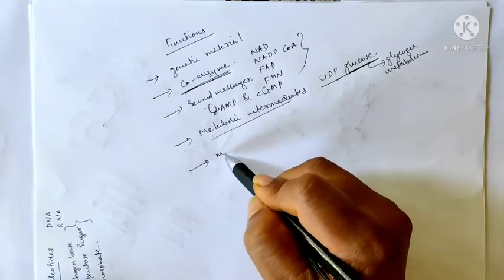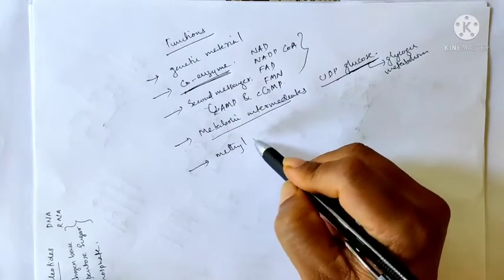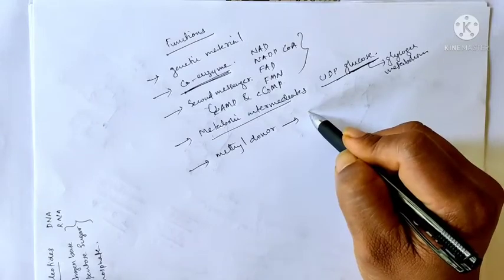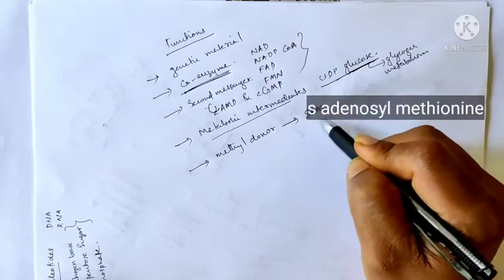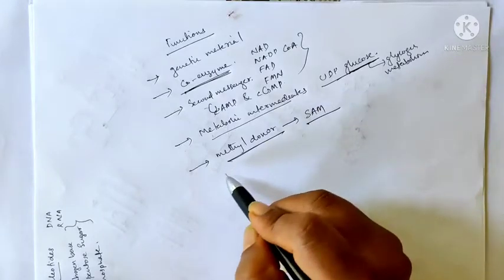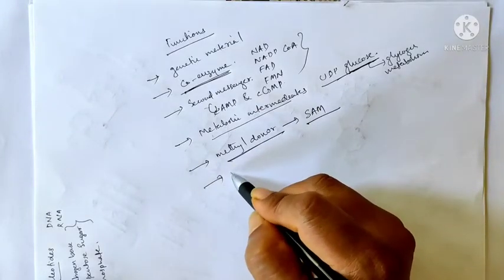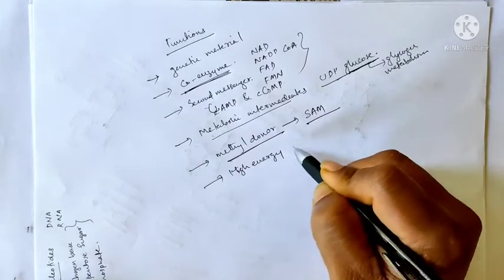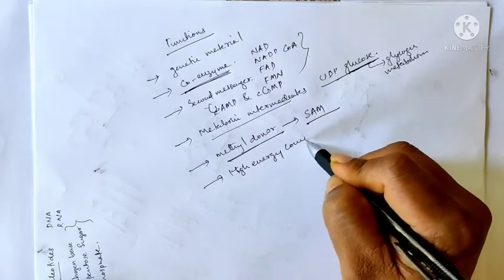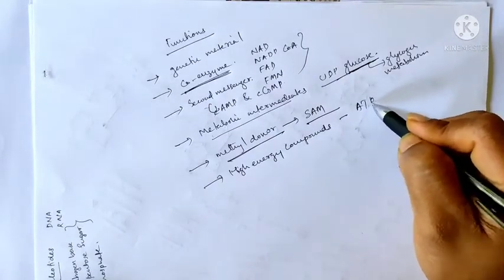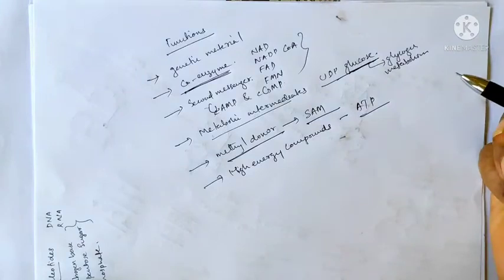Then it acts as a methyl donor for many reactions inside the body, for example S-adenosyl methionine, SAM. Then it acts as a high energy compound, for example ATP, adenosine triphosphate.